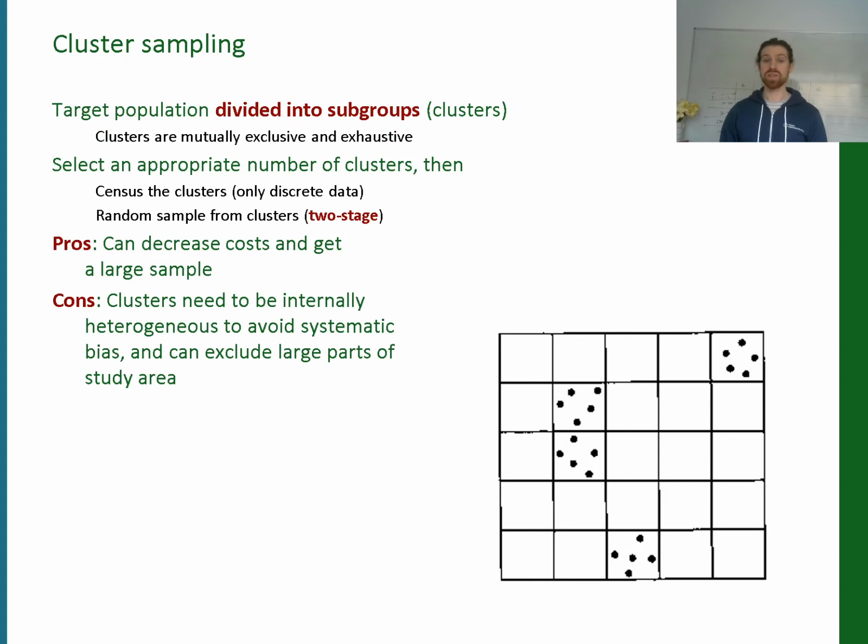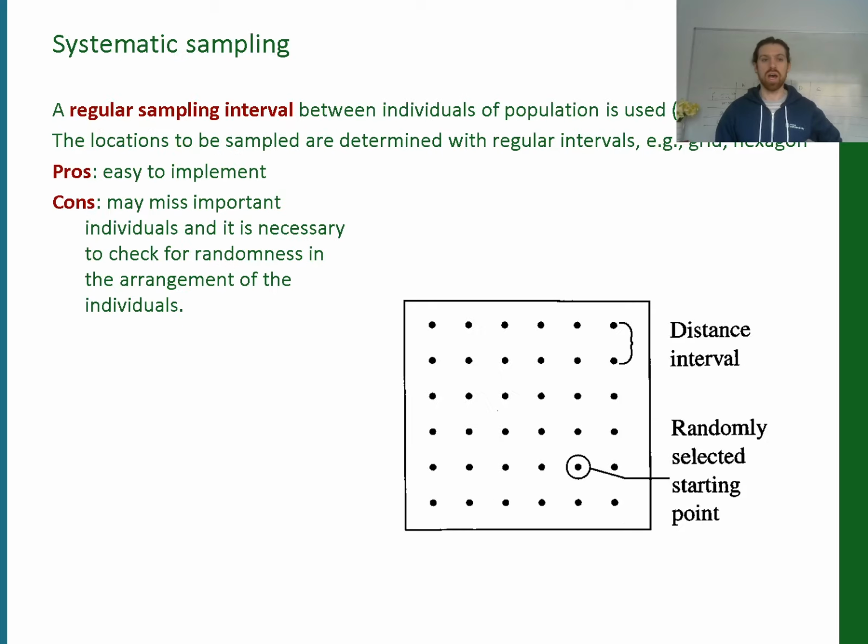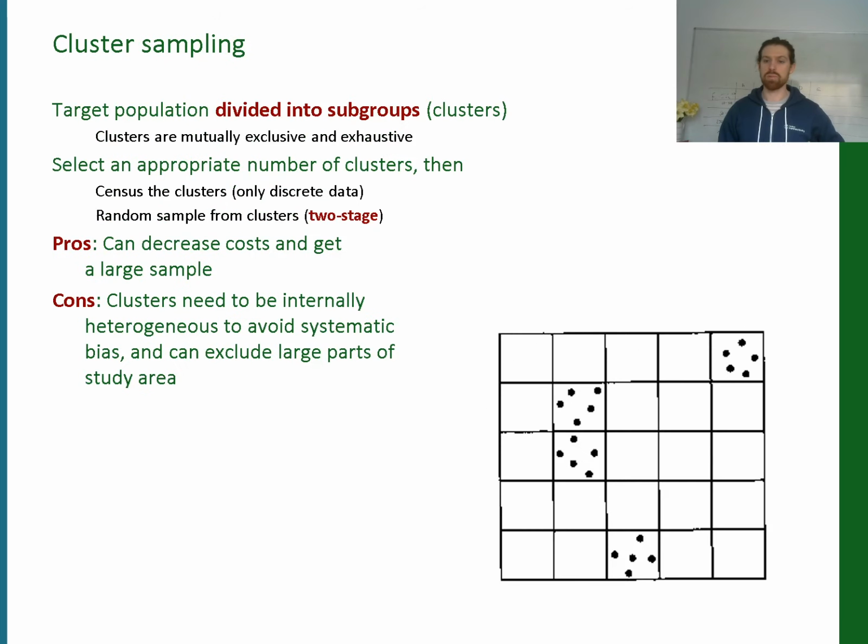Cluster sampling. So this is kind of handy, for example, if you want to gain some of the benefits of both of these previous examples. So maybe we could divide the entire area into subgroups. So we spoke about this previously when we were focusing on the systematic sampling. Maybe we break the area that we want to sample down again.